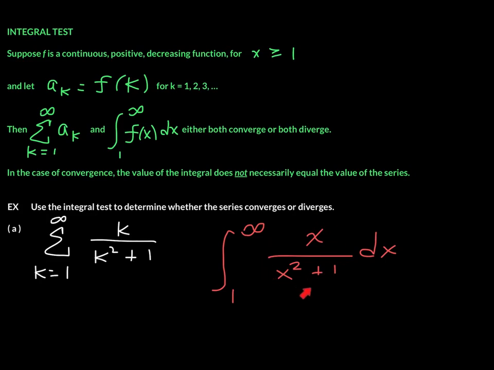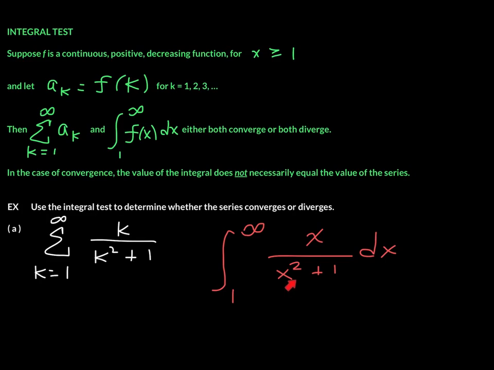No real value for x causes this rational function that defines the integrand to be undefined, because x squared can never be negative 1. So this denominator can never be 0. So it is continuous and it is positive at all times because your values go from 1 to infinity. They only run through positive values. The denominator is positive because it's being squared.